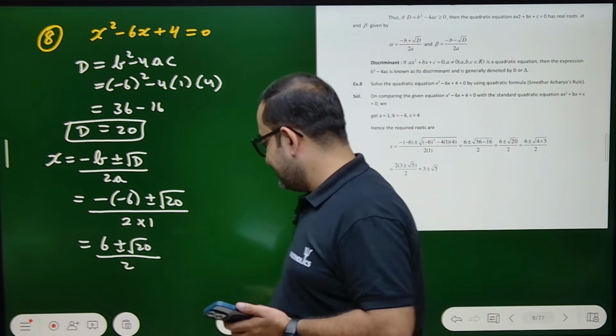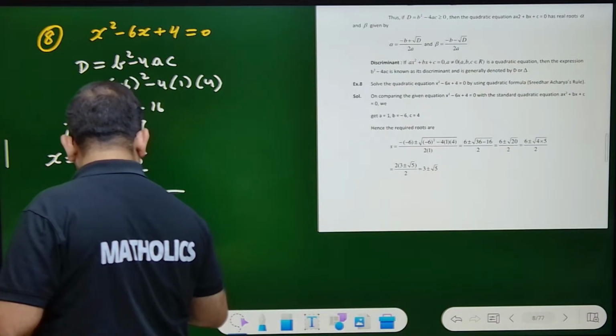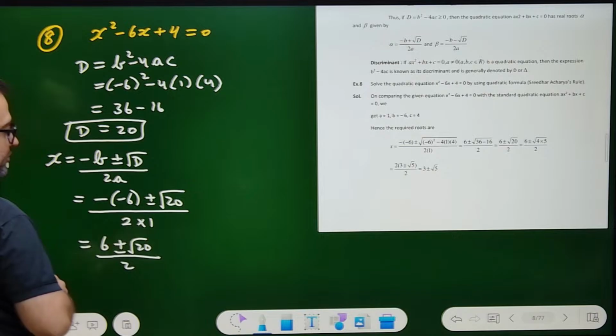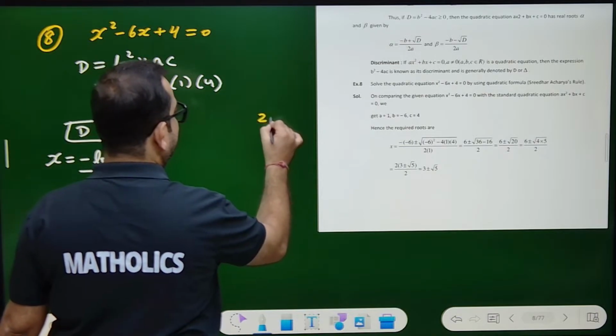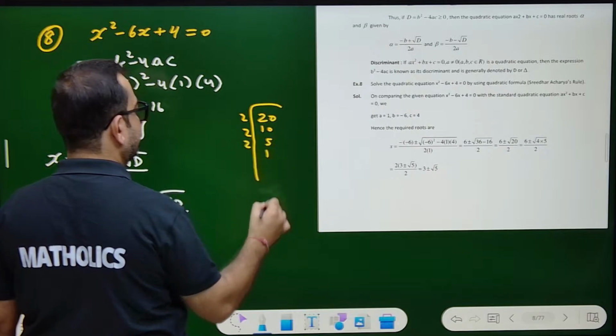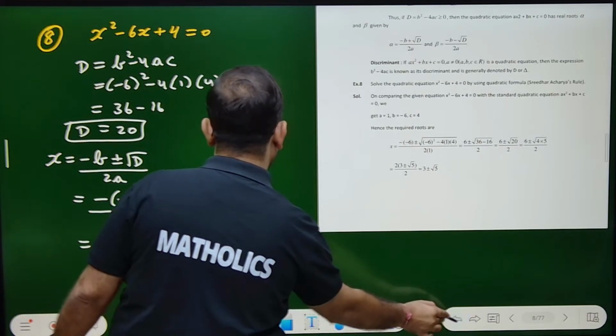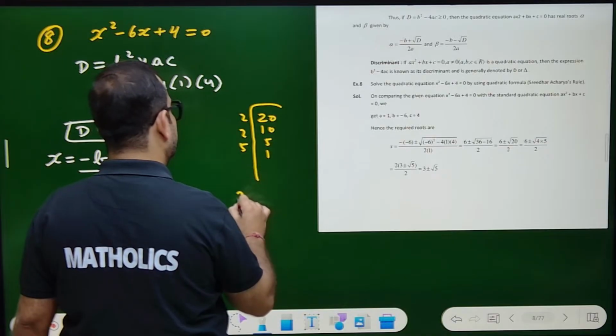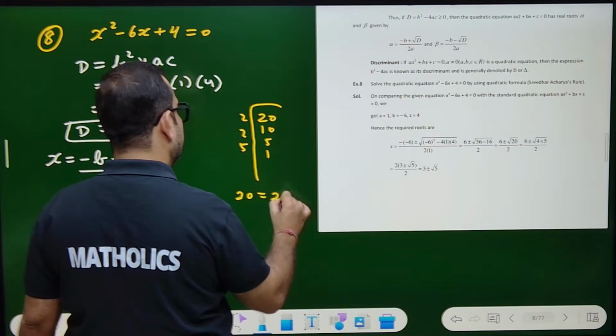Now, this is 6 plus minus under root 20, right? Now, what is under root 20? If you factorize 20, it is 2 tens are, then 2 fives are, then 5 are. So 20 as 2 into 2 into 5.